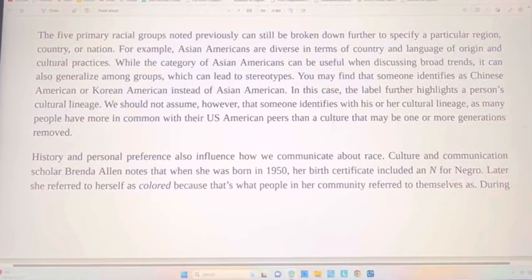You may find that someone identifies as Chinese American or Korean American instead of Asian American. In this case, the label further highlights a person's cultural lineage. We should not assume, however, that someone identifies with his or her cultural lineage, as many people have more in common with their U.S. peers than a culture that may be one or more generations removed.